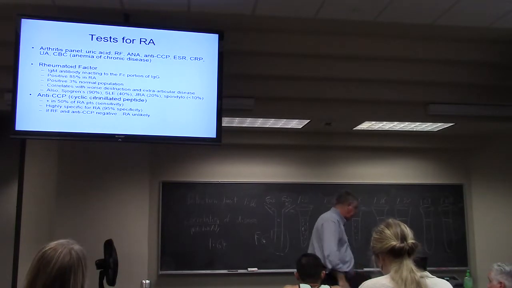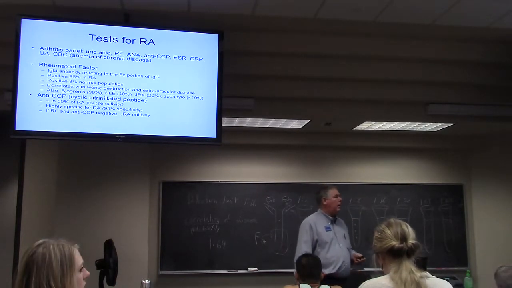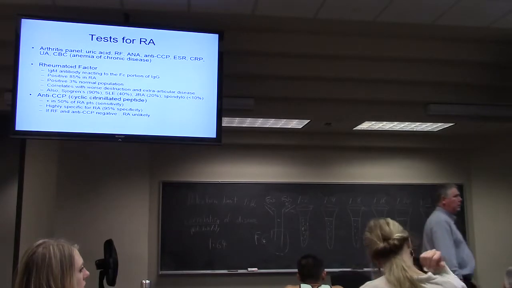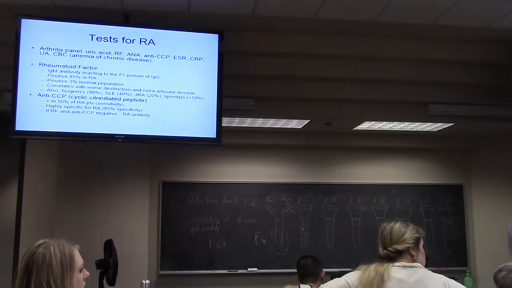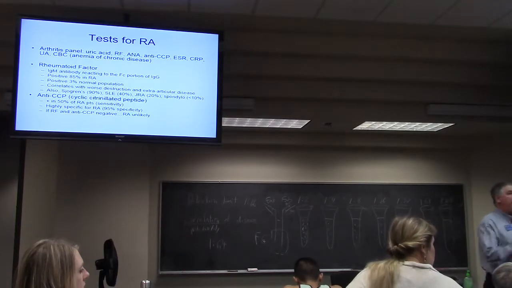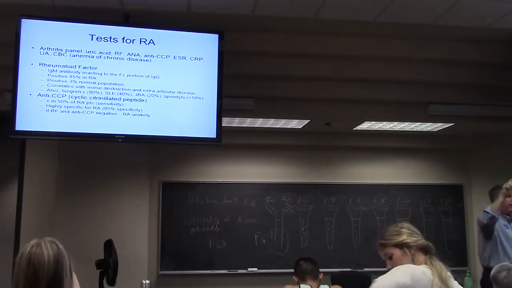Okay. So if they don't have RA necessarily, how do you know that it's not from some other cause, and then you treat them for RA even though they have negative? Well, you're developing a differential.